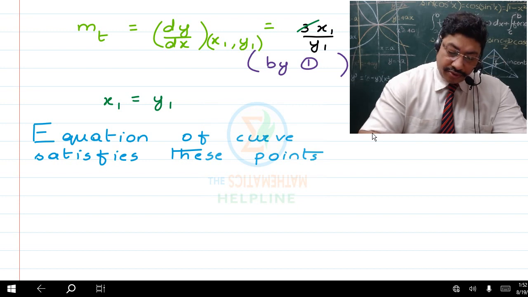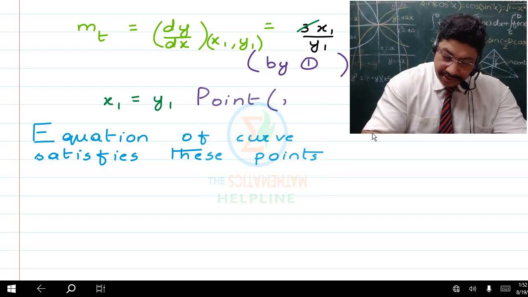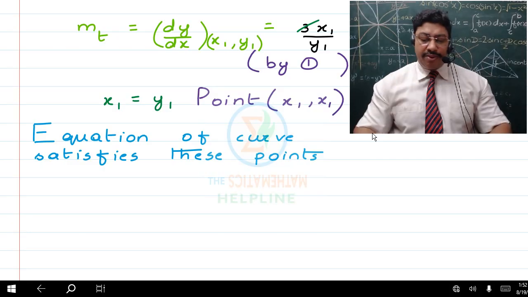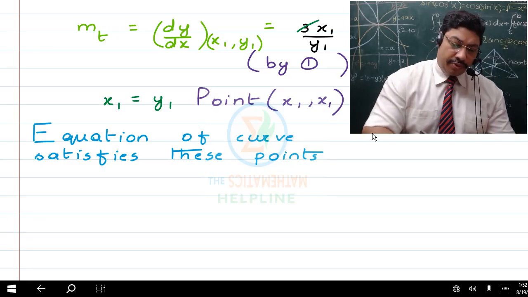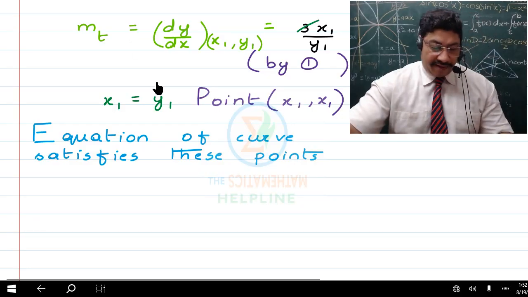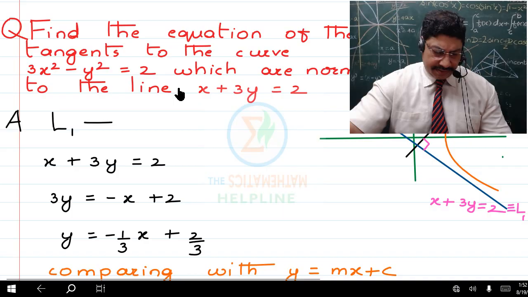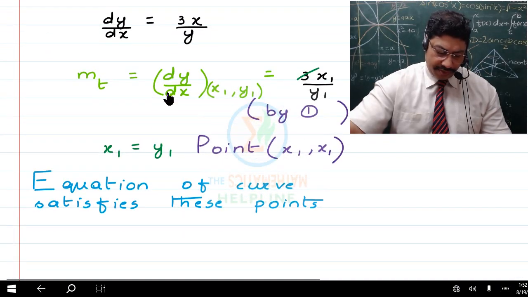So the point that you can be talking about here can be the point which is what? It is x1 comma x1, because x1 is the same as y1, right? So if you talk about the equation, we have the equation to be, if I'm right, 3x square minus y square is equal to 2, right?